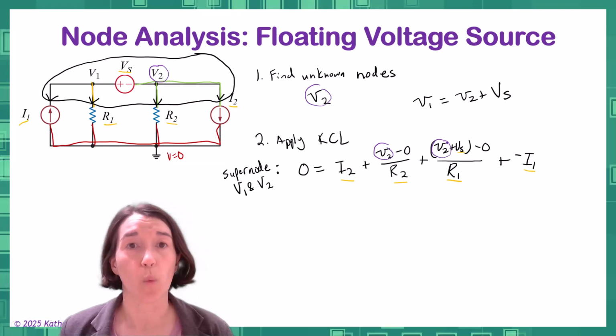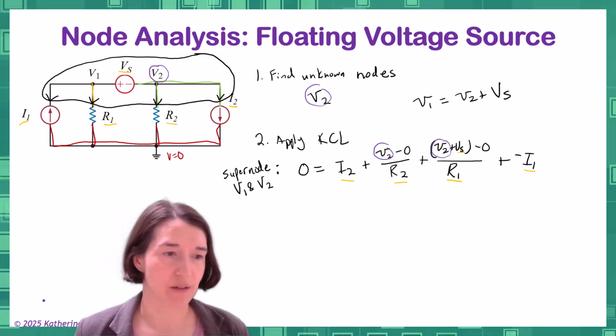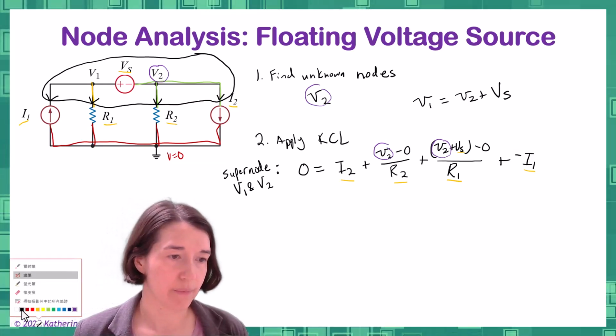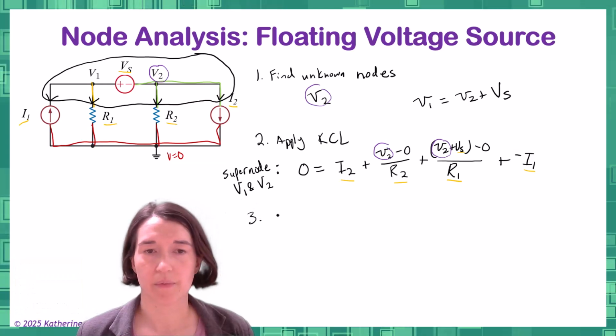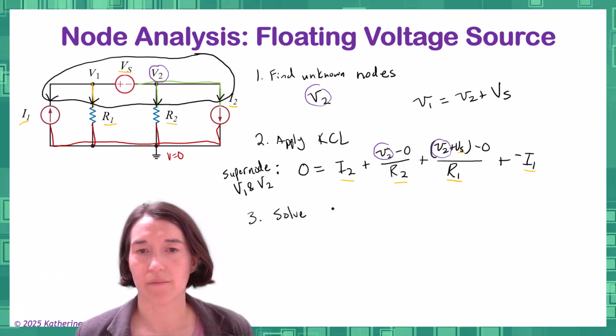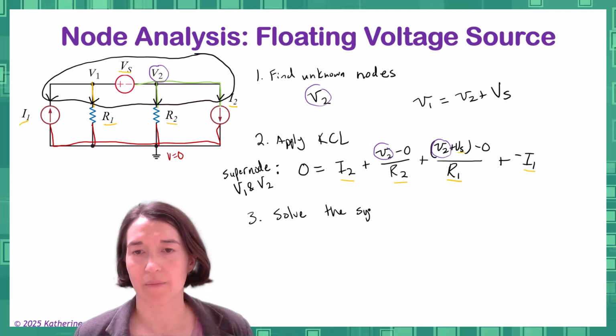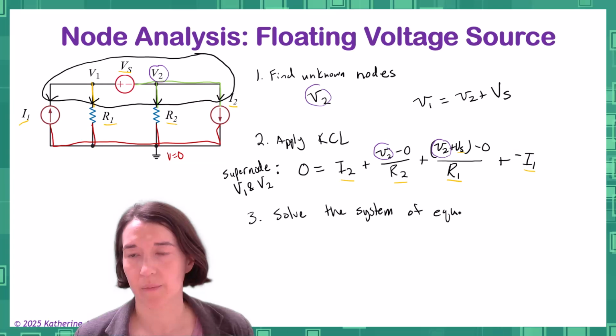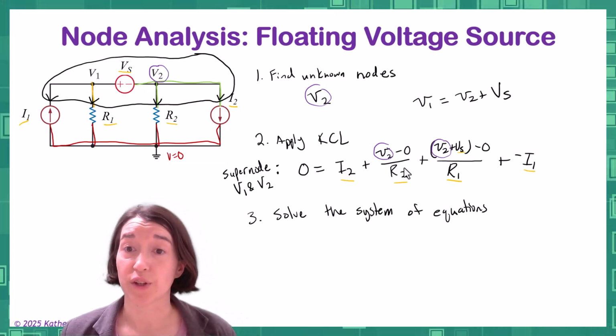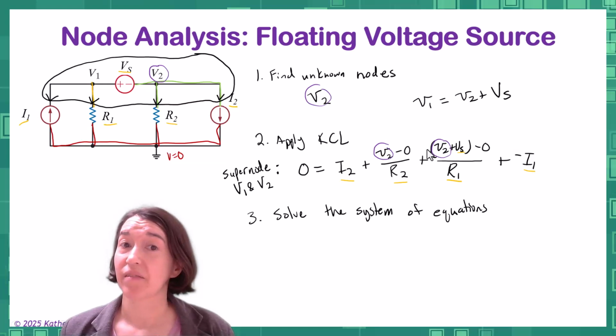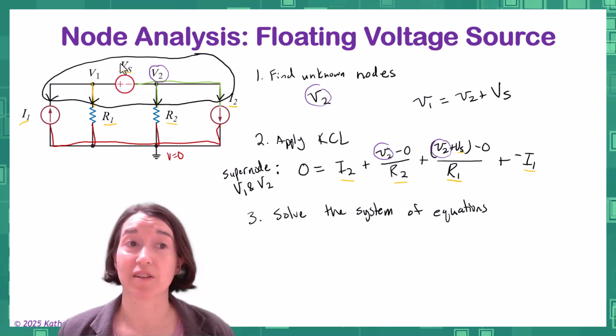So we have one unknown, one equation. So our last step is to solve the system of equations. Okay, so you solve for V2, and then you have a fully defined system.